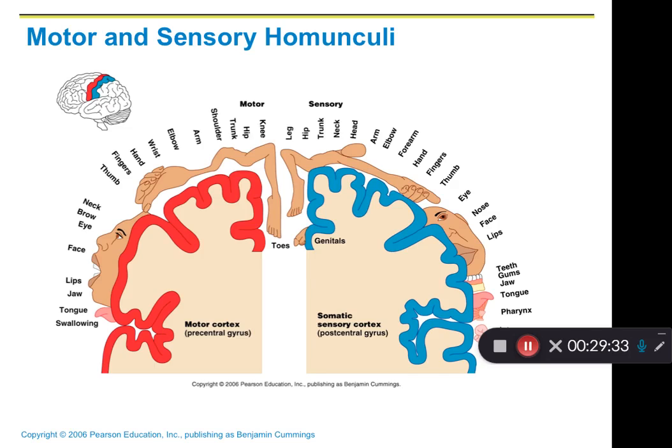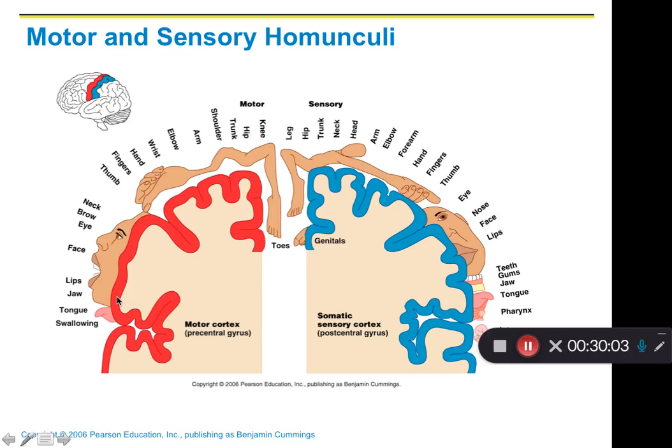We have facial expressions, and all the facial expressions need neurons to innervate them. That's because we need more regions of the cortex for our face.